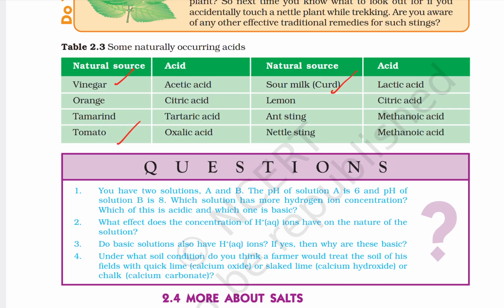And an ant sting has formic acid, HCOOH, which causes irritation and pain because of the sting. Everybody will feel this. And bee venom, methanoic acid, causes a burning sensation and inflammation. Like this, some naturally occurring acids are discussed. You can observe all these acids in your daily lives.